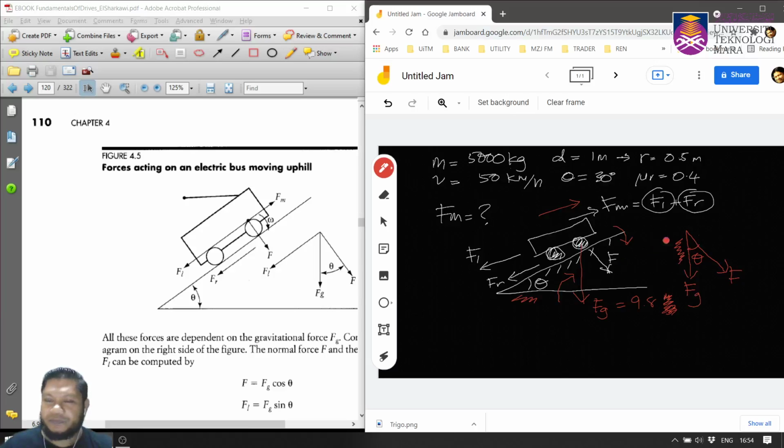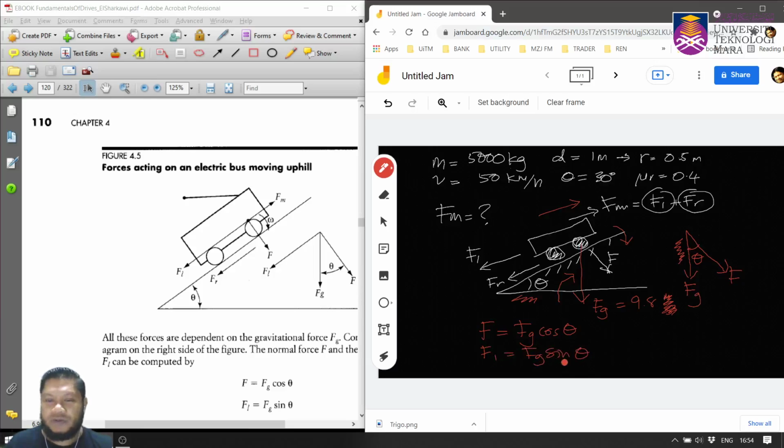So if you look further, you can have F equals Fg cos theta. F, which is the F here, becomes Fg cos theta, and you have Fl equals Fg sine theta there.